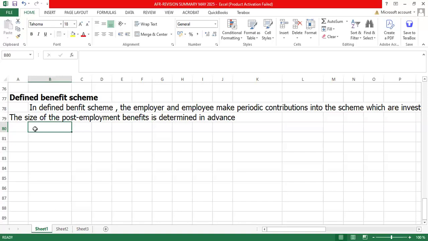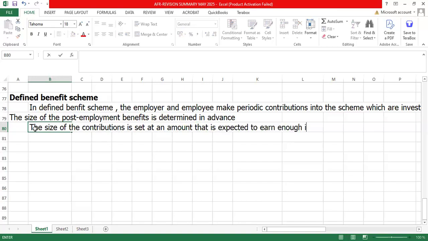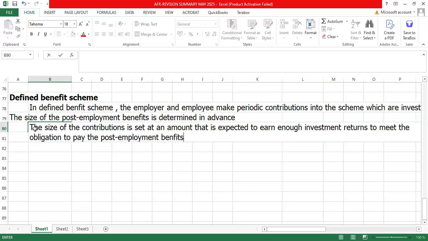So what does this one mean? Okay, let me also write this. The size of the contributions is set at an amount that is expected for the post-employment benefits.